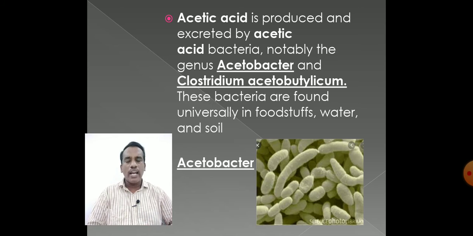There are two kinds of acetic acid bacteria. One that you can observe in the diagram is called Acetobacter, and another is called Clostridium acetobutylicum. These are obtained from foodstuffs, water and soil. So this is the source of the acetic acid that we use as vinegar.